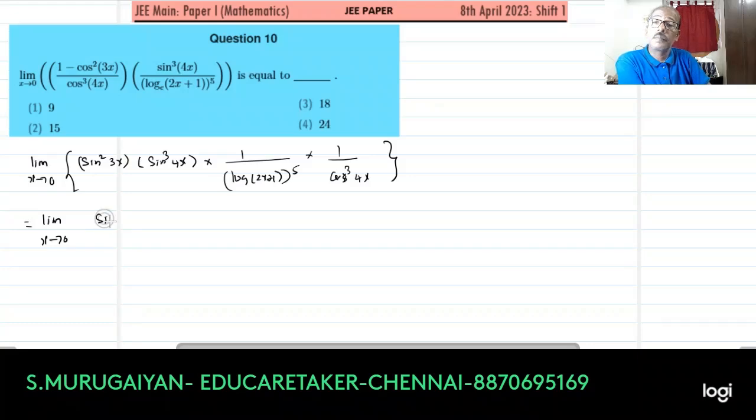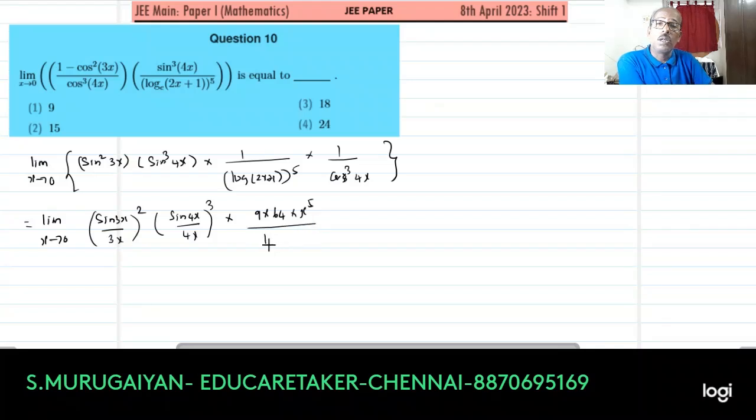So sin 3x by 3x the whole square, sin 4x by 4x whole power 3, then 3 square is 9, 4 power 3 is 64, x power 5 over log 2x plus 1 whole power 5 into 1 by cos cube 4x.